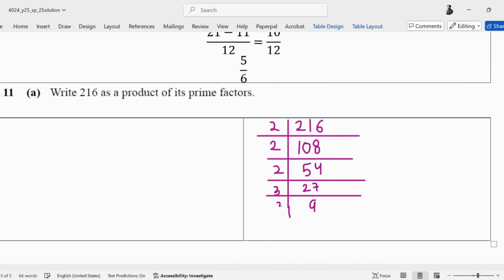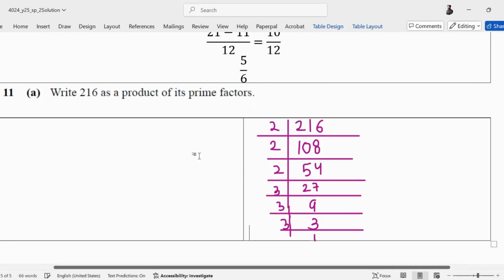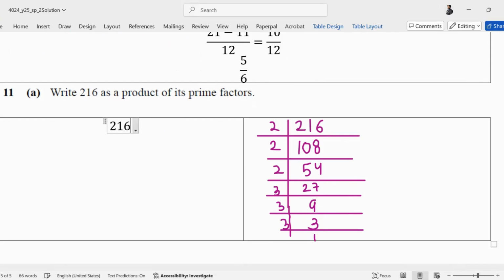Then I'll further divide that by 3. I'll get 3, and then divide that by 3 to get the answer as 1. So I have 3 2s and I have 3 3s. So I can say 216 is basically 2 cube into 3 cube.